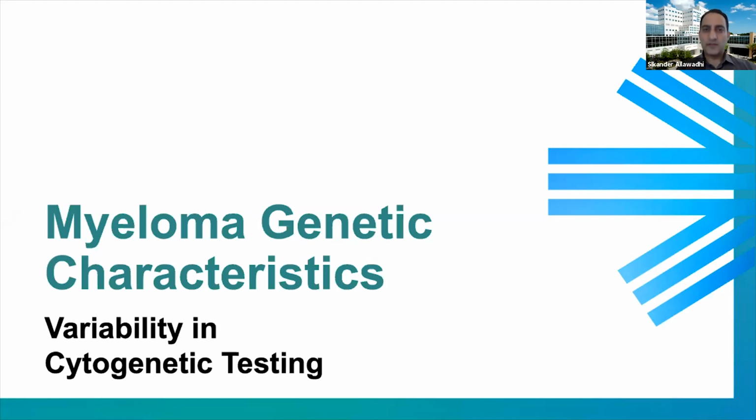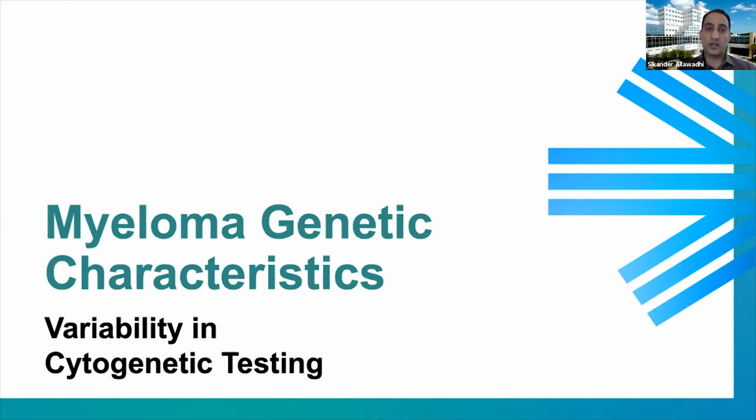So to preface those sort of questions, I want to take you through a study that we recently published, actually just last month. The agenda for today's talk said variability in cytogenetics.